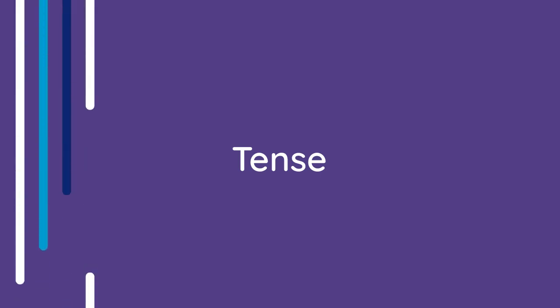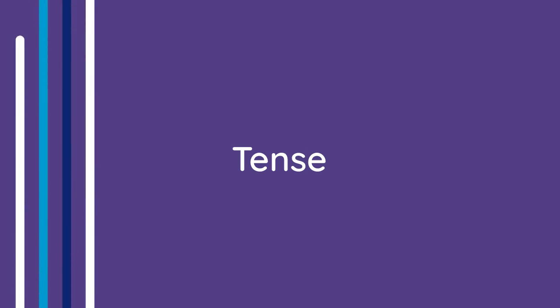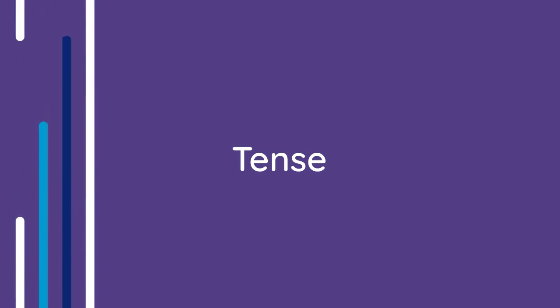For tense, we have the present tense, the past tense, and the future tense. In English, verbs have only 2 forms by which they indicate time.